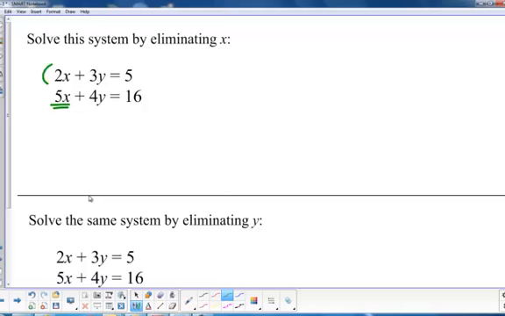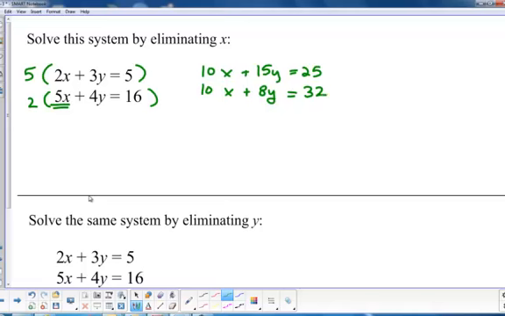So I'm going to multiply this by 5 and this by 2. So that's 10x plus 15y equaling 25. And the bottom gives us 10x plus 8y equaling 32. So this time I need to subtract because I didn't multiply by a negative.